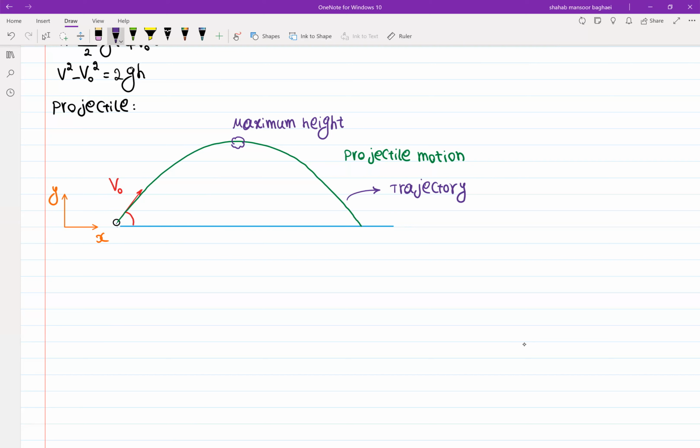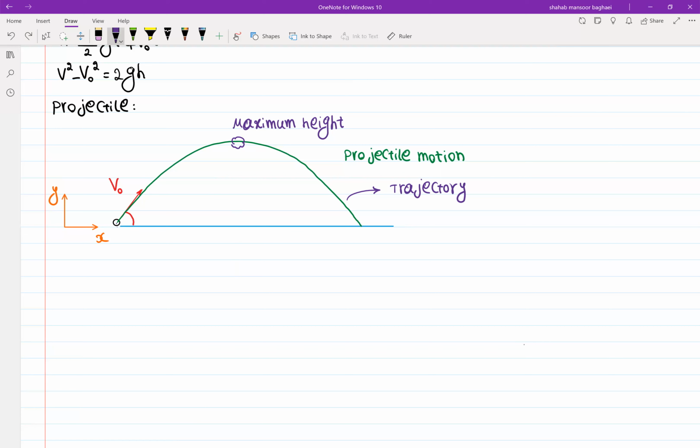Along the x-axis, do you agree over here along the x-axis, you don't have any gravity and you don't have any acceleration? Because you know gravity is related to vertical motion, not horizontal motion. Therefore, along the x-axis, which is horizontal motion here, you don't have any accelerations. And you know from the previous lecture that if there is no acceleration, you will have constant velocity.